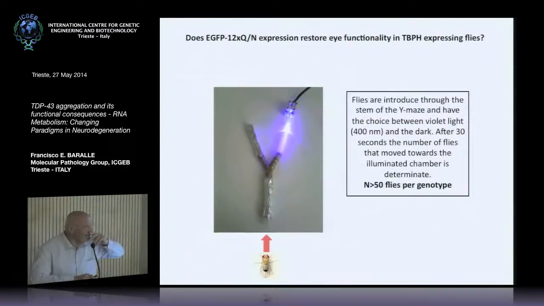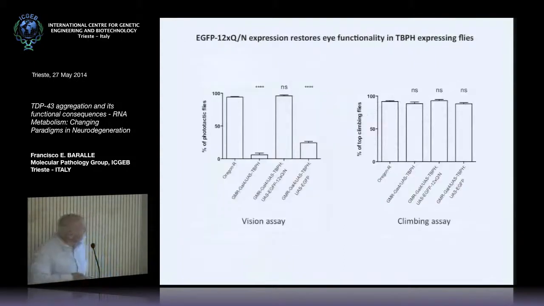If they are comparable in climbing, you put them here and see if they go one way or the other, and they are attracted to the light. You can see that the rescue eye with the 12QN, although overexpressing TBPH, sees perfectly well. Obviously, the necrotic eye doesn't see anything. And this is the control of climbing.